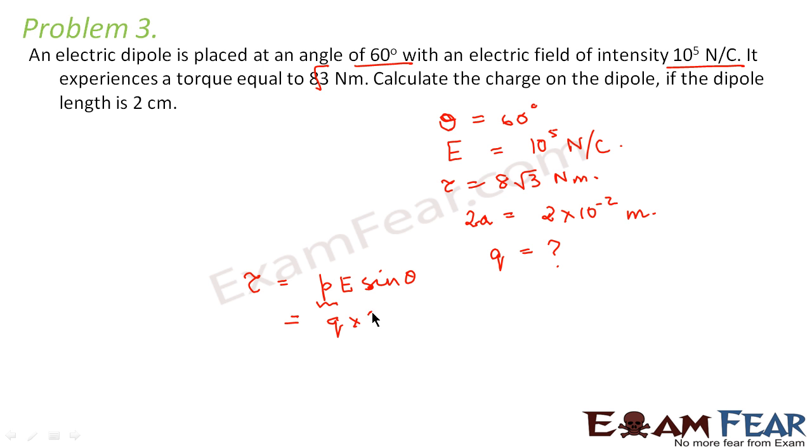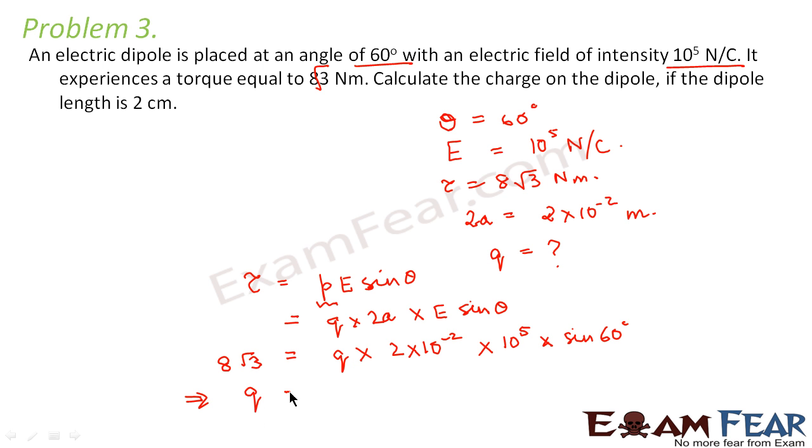It is nothing but Q into the distance between the two charges, that is 2a. Now this into E sine theta. So from this we can say Q into 2 into 10 to the power minus 2 into E, which is 10 to the power 5, into sine 60 degree, is equal to the torque, that is 8 root 3.